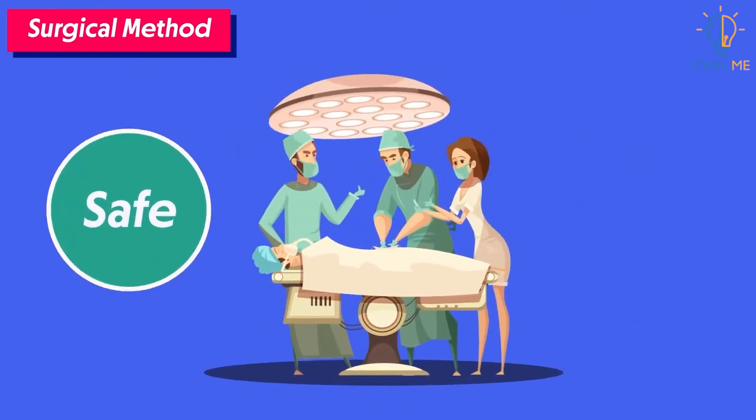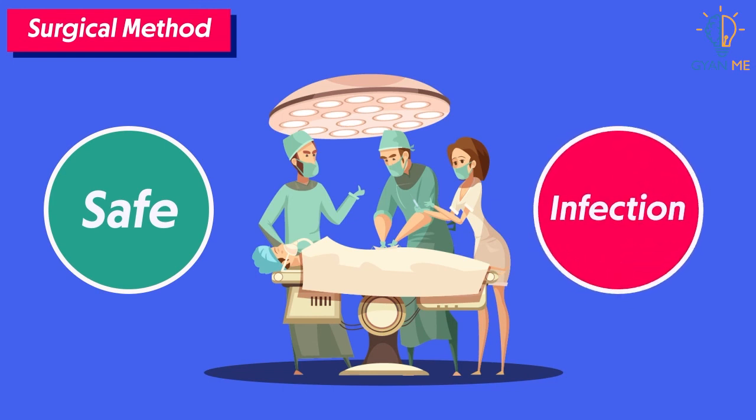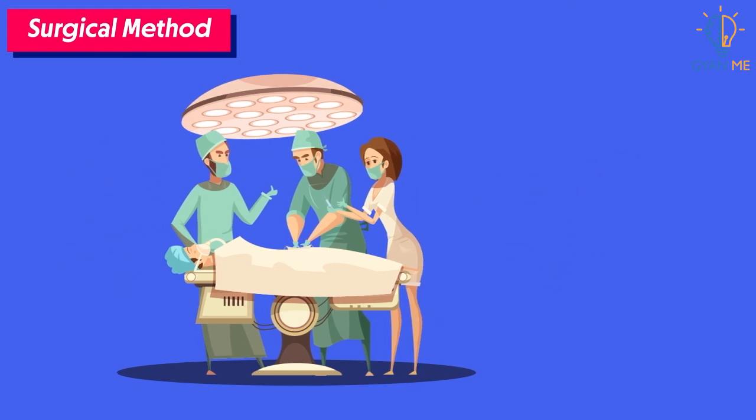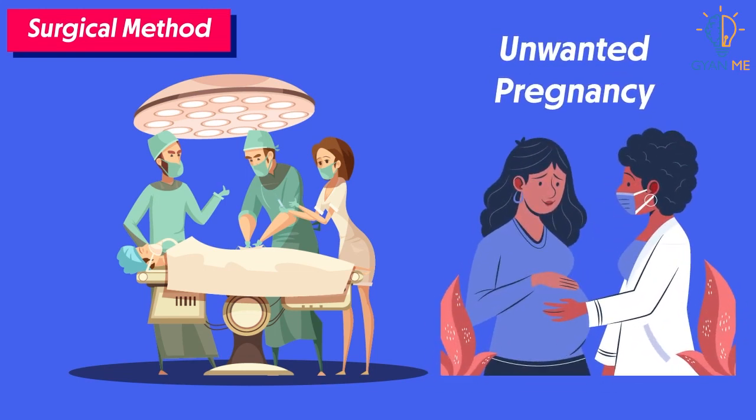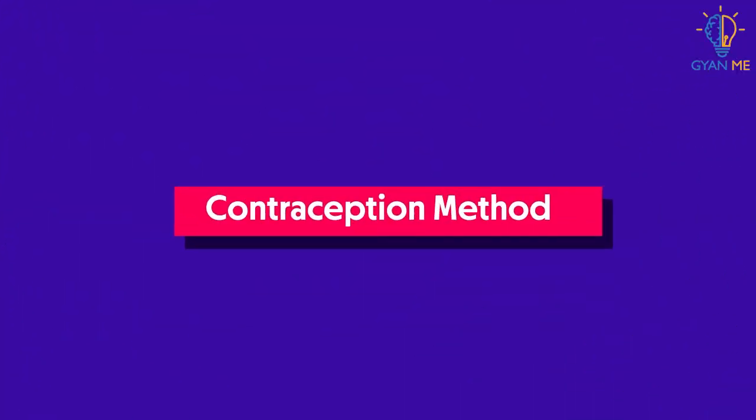While surgical methods are safe in the long run, surgery itself can cause infections and other problems if not performed carefully or properly. Surgery can sometimes also be used for removing unwanted pregnancies. Now students, we have seen the methods of contraception in this video.